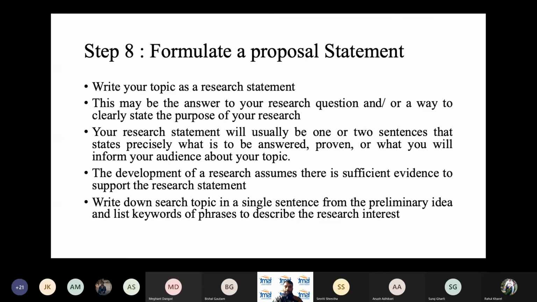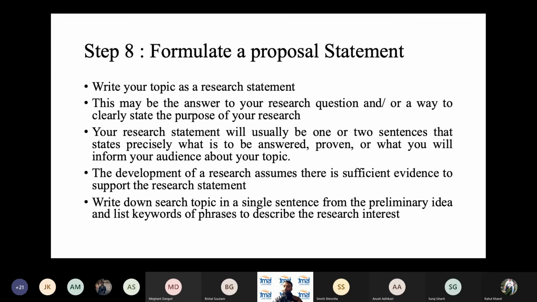Okay, the development of the research assumes there is sufficient evidence to support the research statement. Okay, so for the statement that we have formulated, what we are going to do is collect the evidence to support our statement.